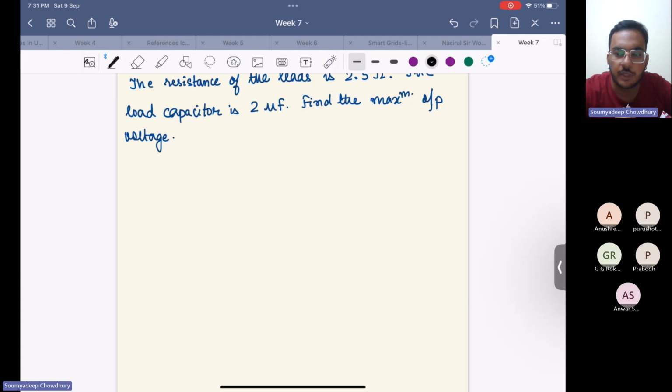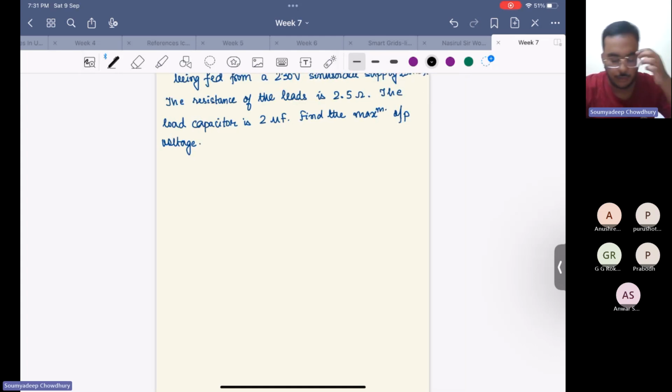Mr. Purushottam, Mr. Anwar, Anushri, did you draw the circuit? I have drawn the circuit, sir. Okay. So can you proceed next for finding this output voltage?